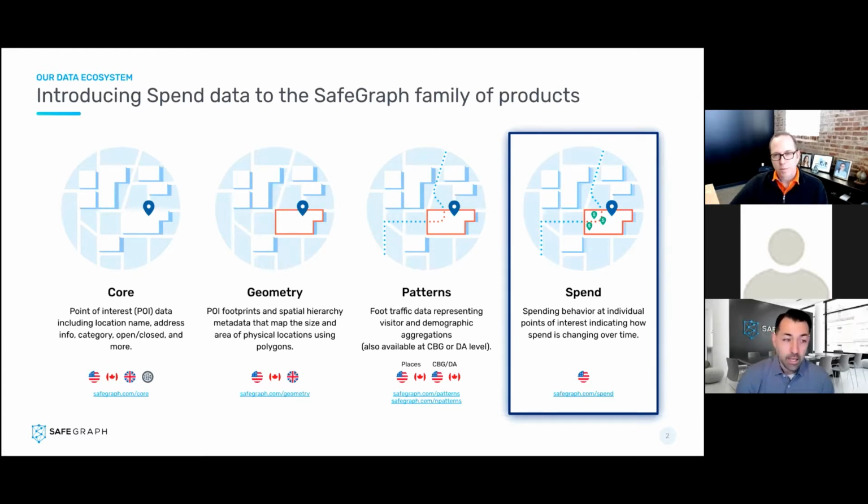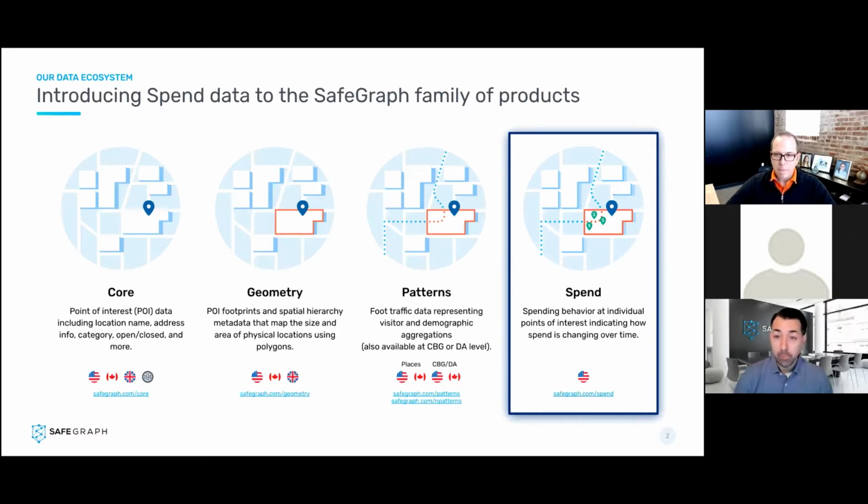And as part of our core places offering, we capture and deliver highly accurate details about these locations, including name, address, geocoordinates, industry, brand affiliation, open close dates, and more.